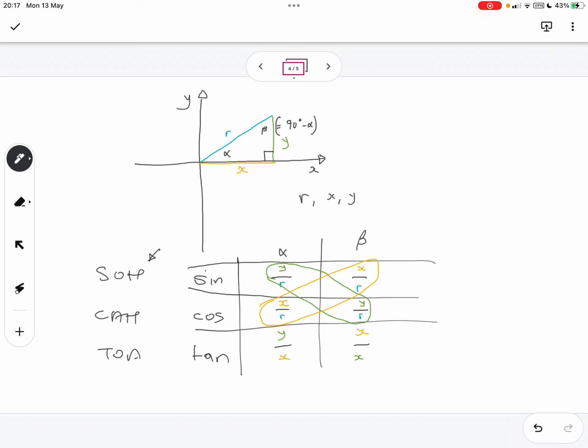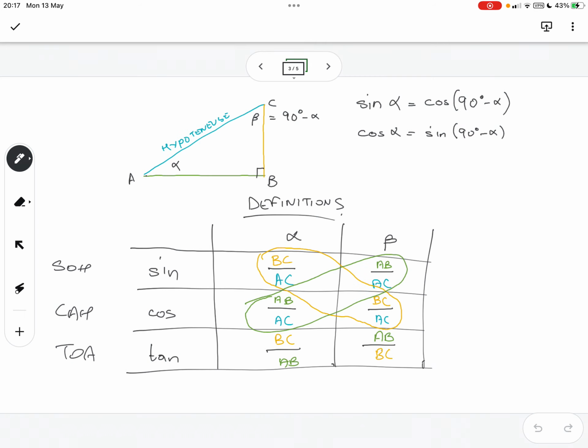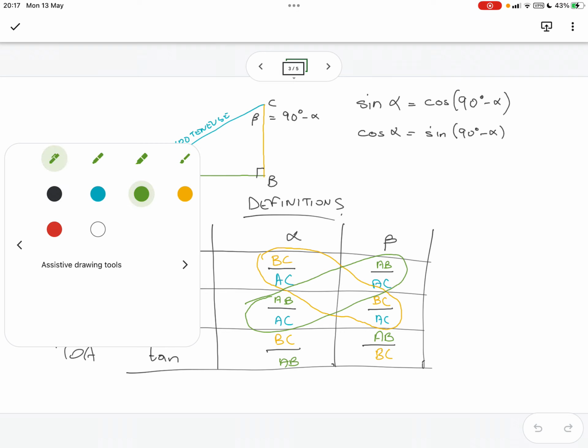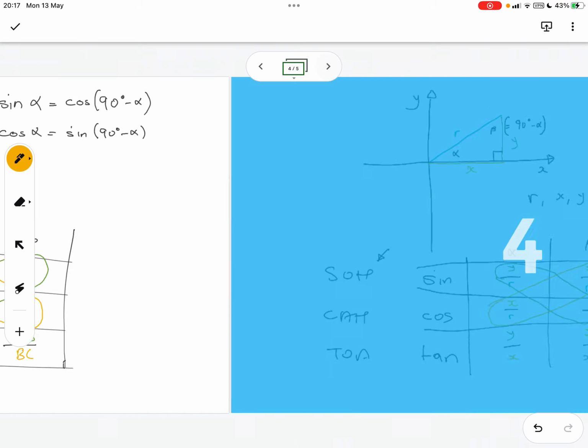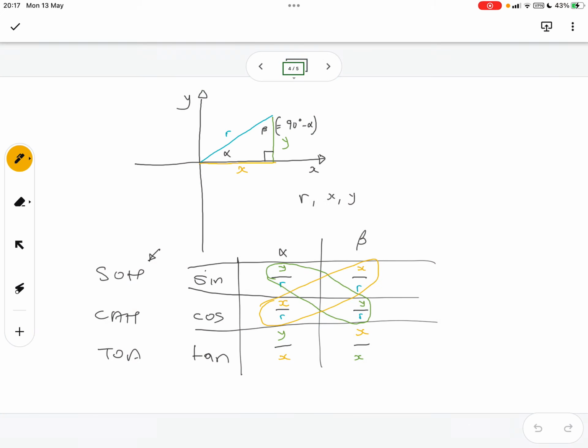So the long and short of this is that it helps us understand one thing, depending on the angle. And that's why here I didn't write hypotenuse, opposite, or adjacent. Depending on the angle, AB is adjacent to alpha and opposite beta, and BC is adjacent to beta but opposite alpha.